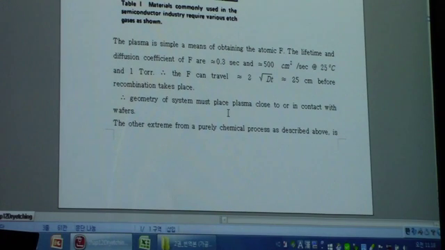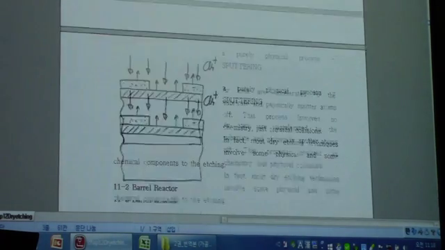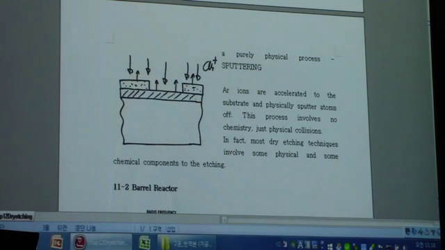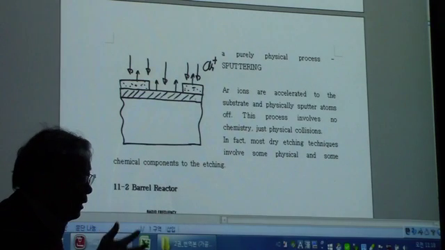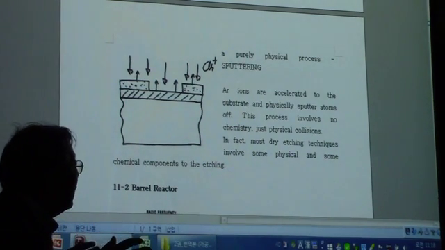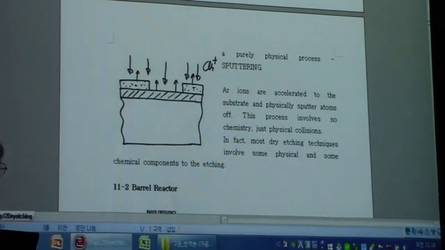But the other extreme, which is going to be described here, is the sputtering, which is a purely physical process. It does not involve the chemistries at all. What we do is use argon, which is an inert gas. It's not a reactive gas at all.